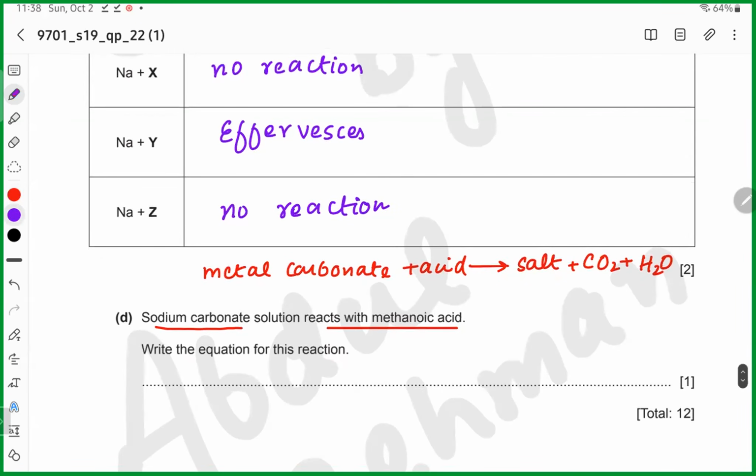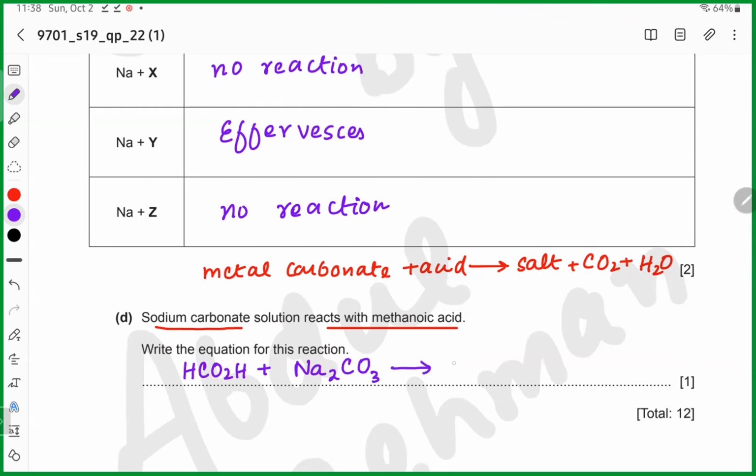Methanoic acid means a carboxylic acid containing one carbon, so the formula will be HCO2H. Sodium is in group 1, it has a +1 charge, and carbonate has a 2 negative charge, so the formula will be Na2CO3.